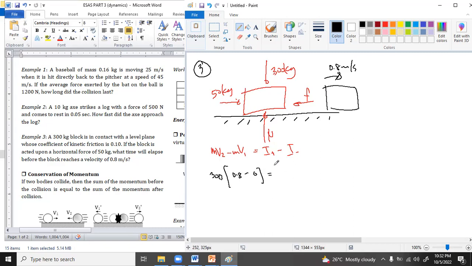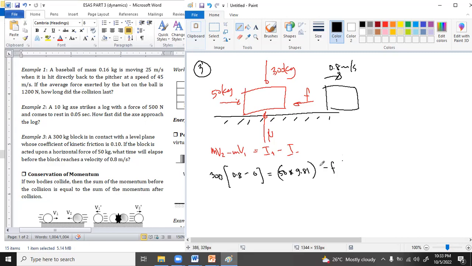So the positive impulse is the force, that's 50 kilograms multiplied by 9.81 meters per second square, and then this would be for the positive impulse minus the negative impulse, the one created by the frictional force, multiplied by the time t.